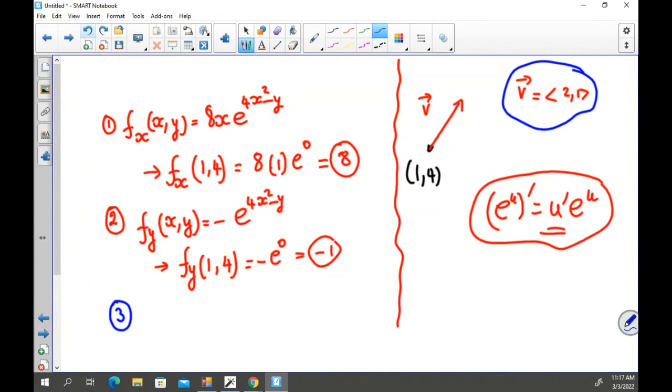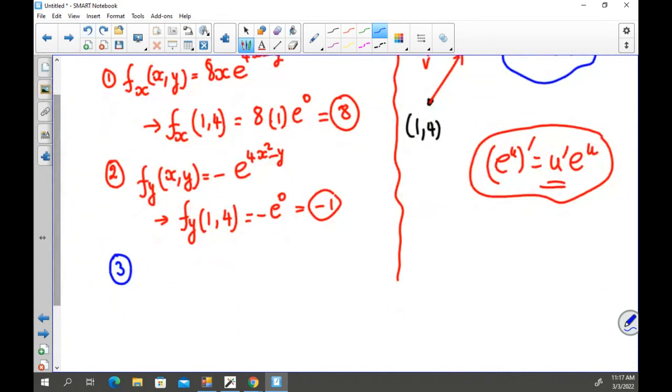Find the unit vector, very important. In the direction of v. So it's important to find the unit vector now. The unit vector in the direction of v.